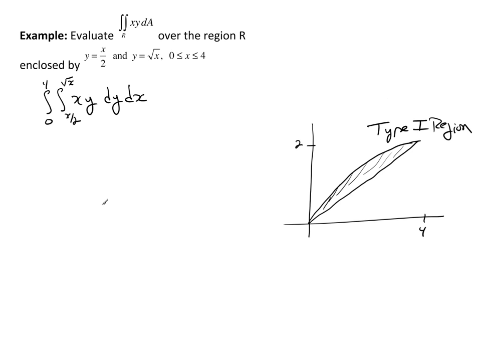All right, so let's go ahead and work out that integral. I'm going to take this in two parts. Part number 1, I'm going to integrate from x over 2 to the square root of x of xy dy, which equals xy squared over 2 evaluated from x over 2 to root x, not root 2.